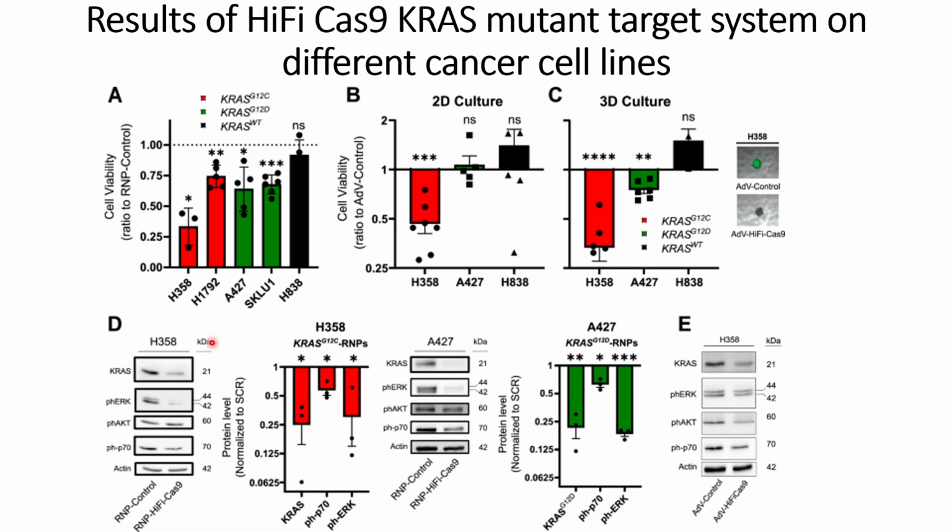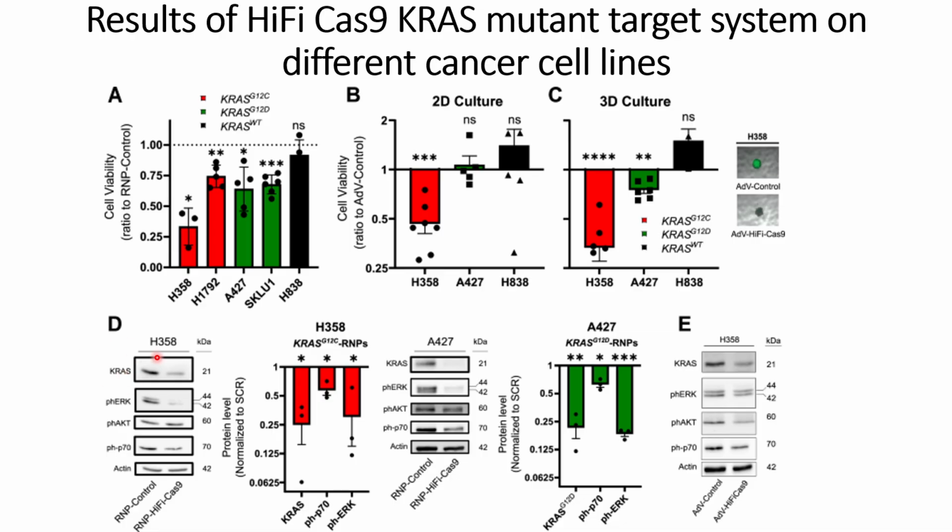Once they validated that the KRAS mutations go down in different cell lines, they wanted to see whether it also affects the downstream KRAS signaling pathways or KRAS related signaling pathways. They compared the RNP HiFi Cas9 system with an adeno-associated virus HiFi Cas9 system, where instead of RNP they use adeno-associated virus to transfect the tumors, as adeno-associated virus is regularly used in therapeutic conditions.